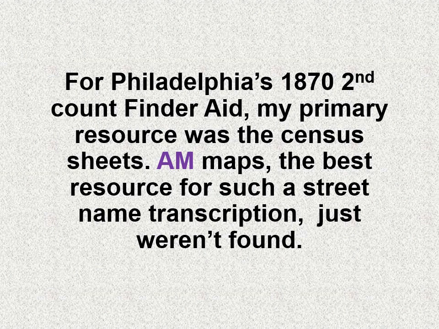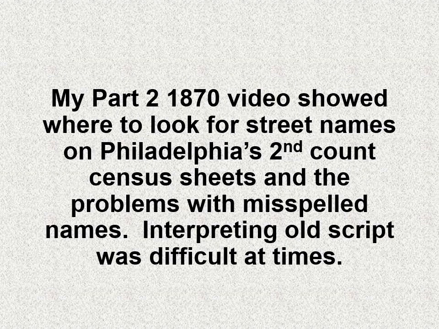The best resources for such street name transcription just weren't found. Because of this, streets that had no residences, such as commercial streets, don't appear on the census sheets and won't appear on our finder aid. And that's a real loss.